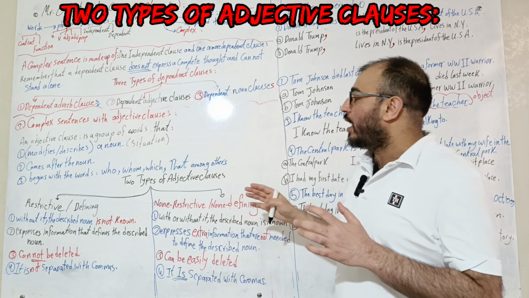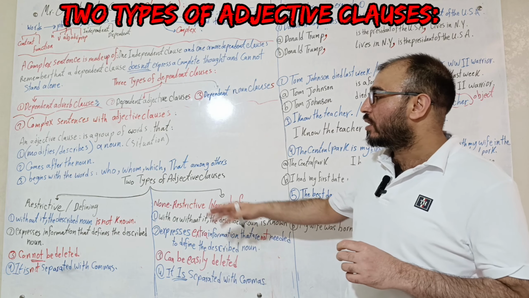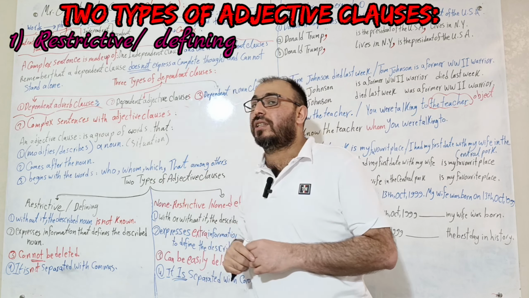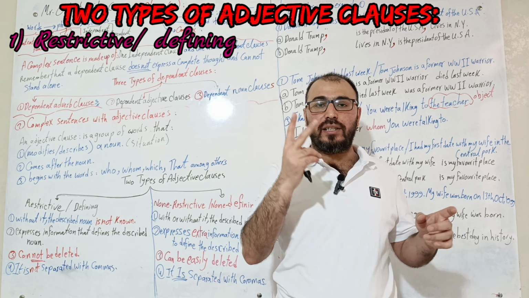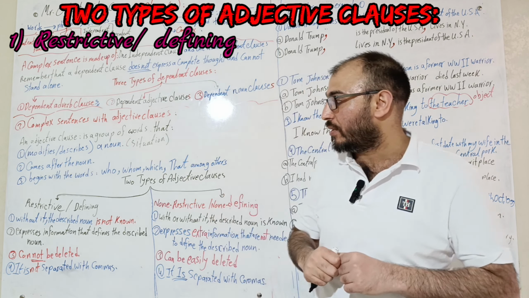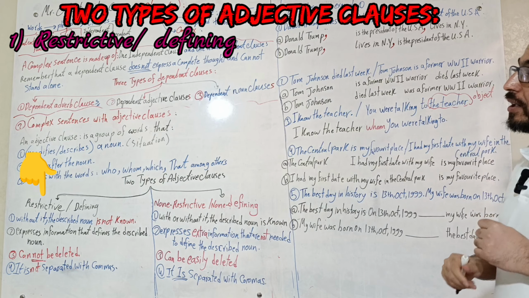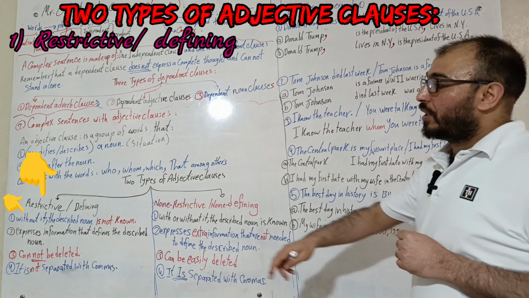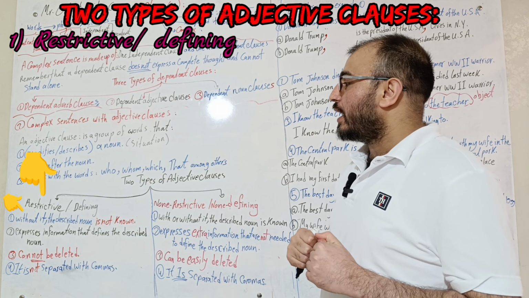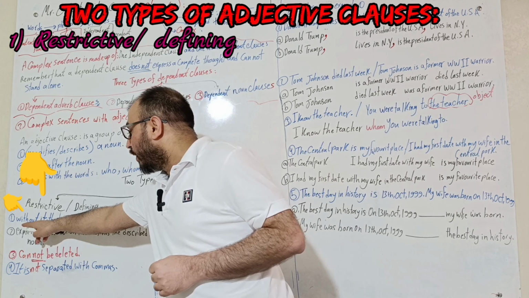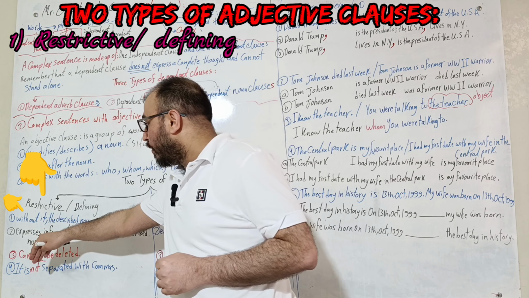Now, my friends, allow me to start talking about the two types of adjective clauses. Generally, adjective clauses are classified into two main types. The first one is called the restrictive or defining adjective clause. The restrictive or defining adjective clause, my friends, has four main features.